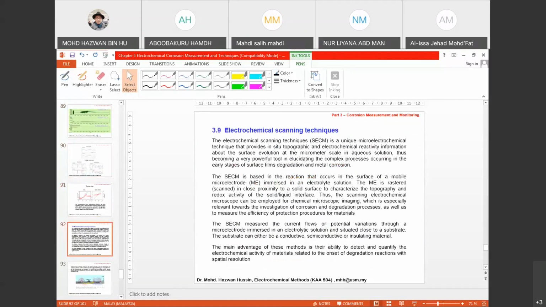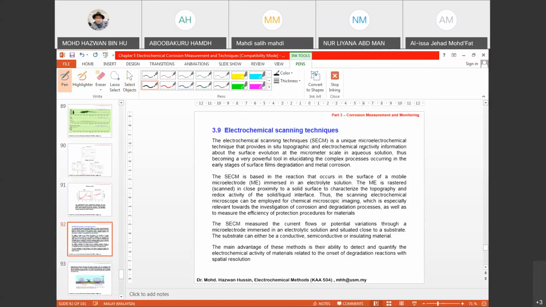Okay. The last part will be the advanced technique. So this one is actually a new technology in electrochemical scanning. In this process, we will use scanning techniques. You will get image data, and the method that we use for this is called electrochemical scanning techniques, or SECM, scanning electrochemical microscopy.